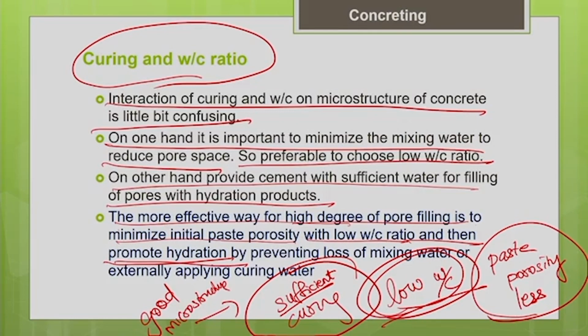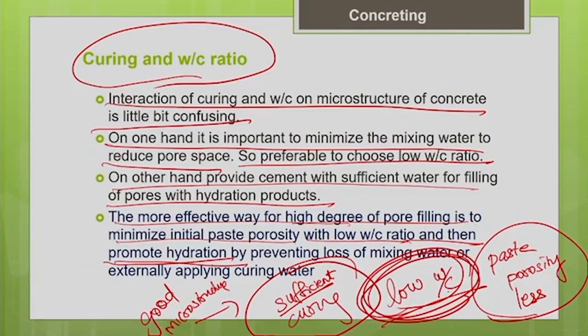Either you can apply water externally and then cure it, that is one method, or you can prevent the loss of water from within the concrete to the outside environment. There are methods for that. You can choose either of these methods for curing, but generally when you go for very low water to cement ratio mixes, it is preferable to go for water application methods.